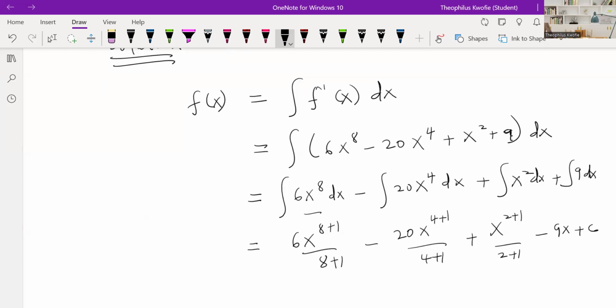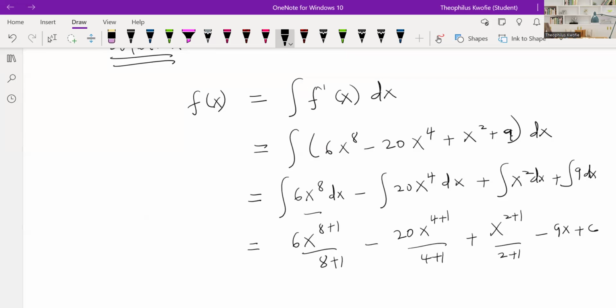As I mentioned, the c is so important. Anytime we are talking about the antiderivative, the constant c is very important. Remember, this result is not unique, and the reason is that the original function may have had a constant on it. C is just arbitrary, it can be any constant value.